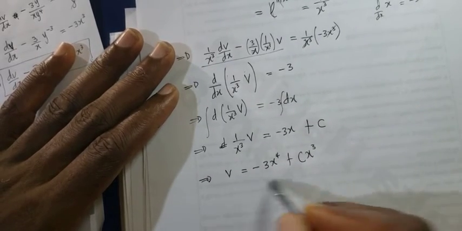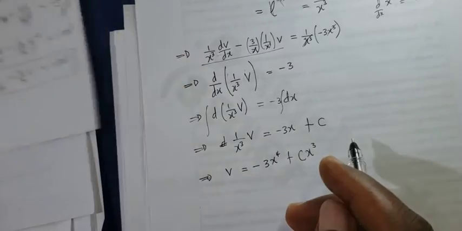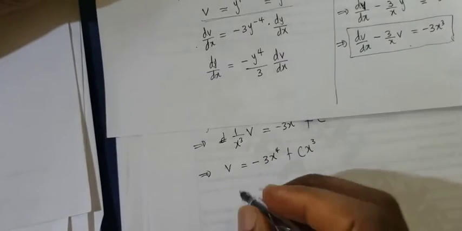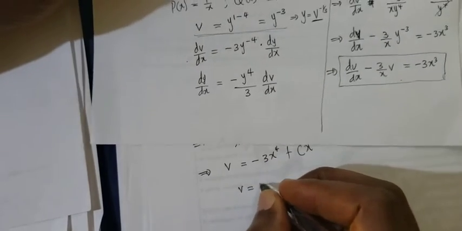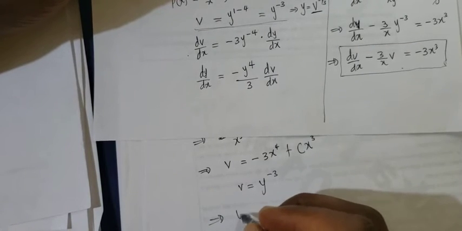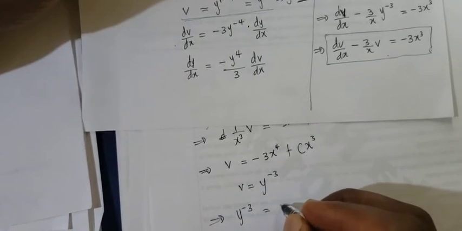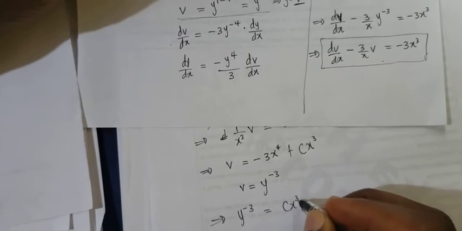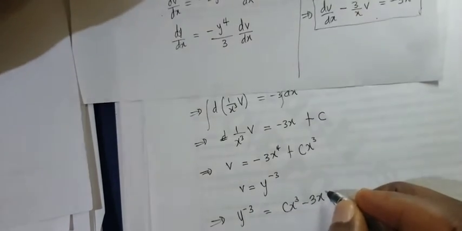So that's going to be our v. Don't forget that to finalize our solution, it is y that we need, and we have said that v is equal to y raised to power minus 3. So that means y raised to power minus 3 is equal to cx cubed minus 3x to power 4.